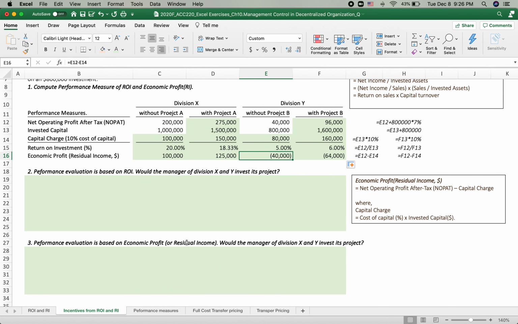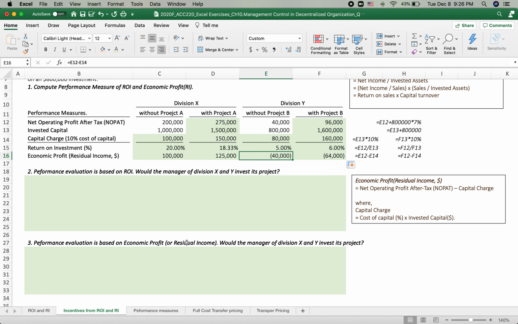So let's discuss this question once again. Performance evaluation is based on ROI. Would the manager of division X and Y invest in this project? So again, division X should not invest in project A. Even though project A earns a return of 15%, which is above the 10% cost of capital, it decreases ROI for division X from 20% to 18%.